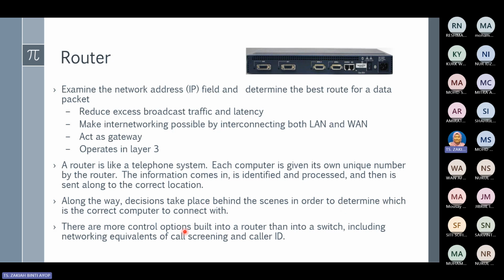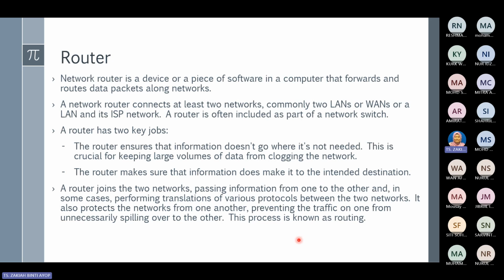There are more control options built into a router compared to a switch, including networking equivalents of call screening and caller ID. A network router is a device or a piece of software in a computer that forwards and routes data packets along networks. In early technology, the router was actually a part of software inside a computer, so you can create router functions inside a computer.